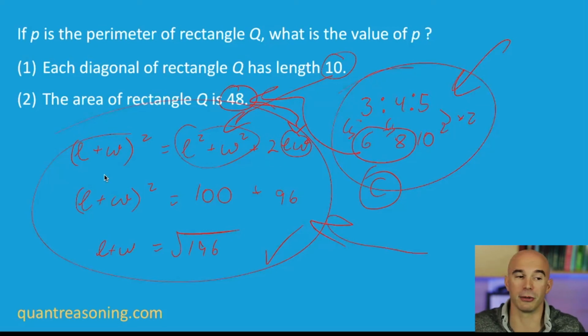I don't know. So for data sufficiency, finding one case that fits doesn't actually solve the question, because of course there's going to be a case that fits. The question is whether there is more than one case that fits. By default, we know there will be at least one, so finding a case that fits doesn't actually help us. What helps us is proving that it's the only case.